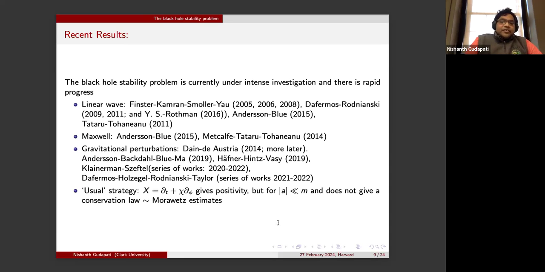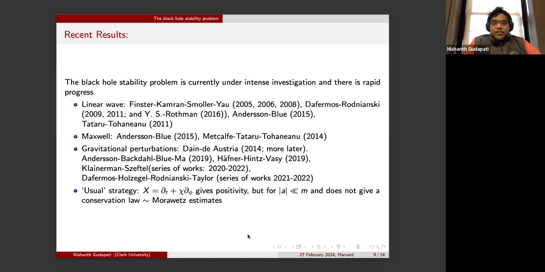Okay, and then there are some results for the Maxwell equations on the Kerr black hole space-time, and most recently there's some really very impressive progress on the gravitational perturbations. In other words, the Einstein perturbations of Kerr black hole space-times by various groups.